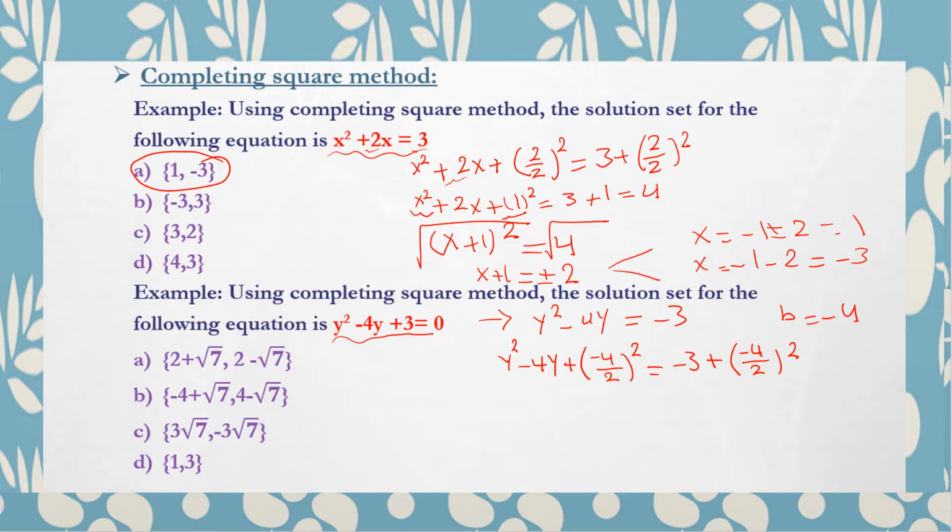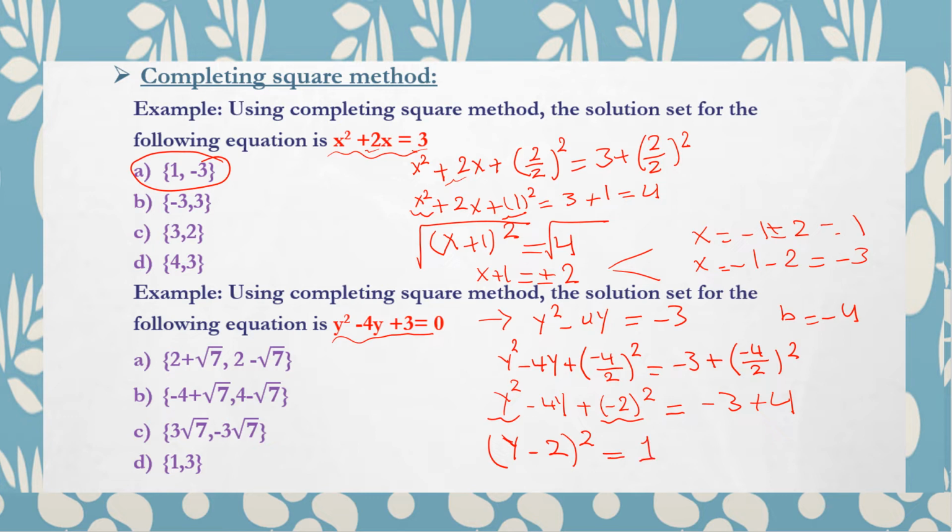And this would equal y squared minus 4y plus, minus 4 over 2 equals minus 2, squared, and minus 3 plus minus 4 over 2 squared gives minus 3 plus 4, which is 1. So at this stage, we put y squared and minus 2 squared in the same bracket: y minus 2 all squared equals minus 3 plus 4, which equals 1.